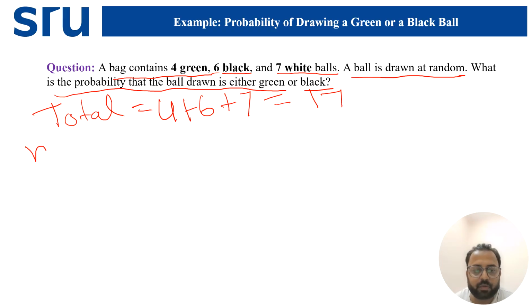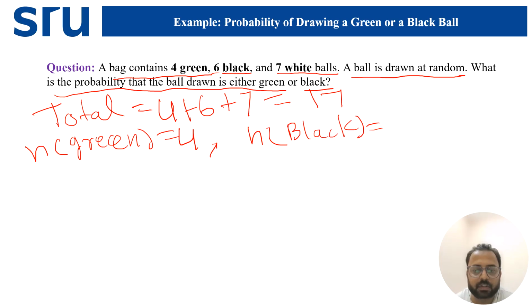The number of green balls is 4, the number of black balls is 6, and the number of white balls is 7.